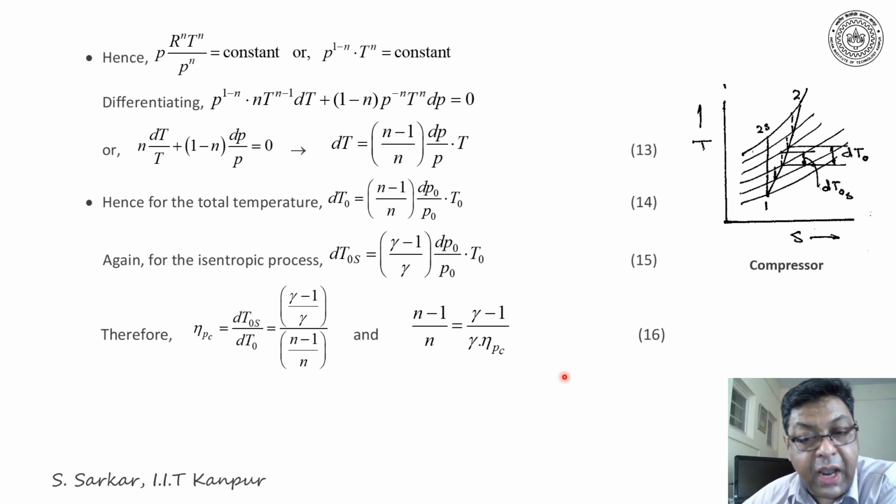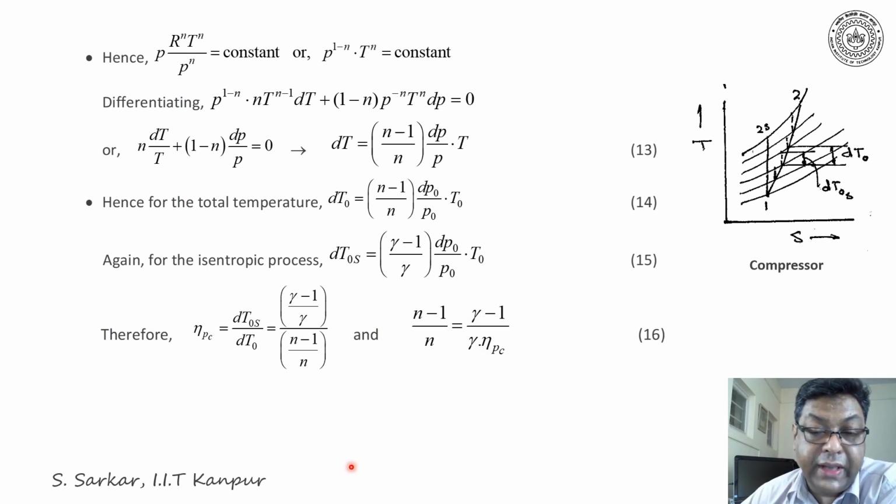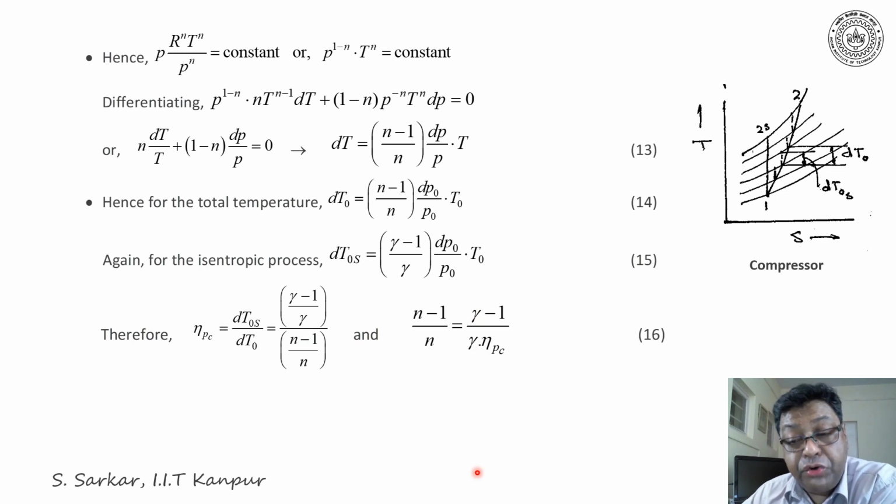Similarly, for a turbine, I can derive a similar expression, which would be (n-1)/n equals eta Pt times (gamma-1)/gamma, where eta Pt is the polytropic efficiency for the turbine.